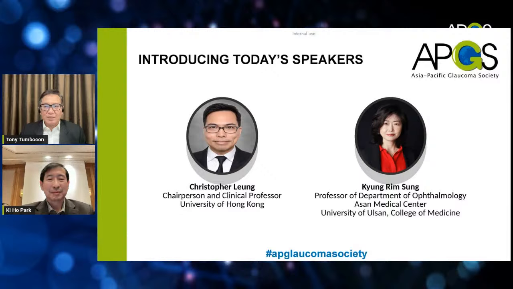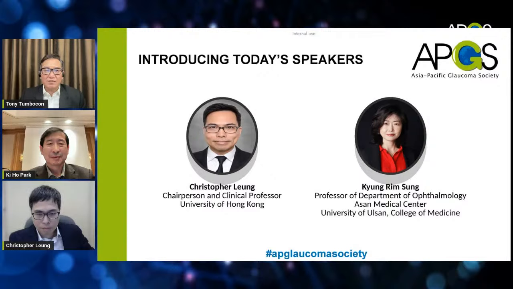To introduce our first speaker, Professor Christopher Leung. He is the chairperson and clinical professor in the Department of Ophthalmology at the University of Hong Kong, where he also serves as the director of the Glaucoma and Optic Nerve Research Center. He obtained his master's in molecular medicine at the Imperial College London and completed a clinical and research fellowship at the Hamilton Glaucoma Center at University of California, San Diego.